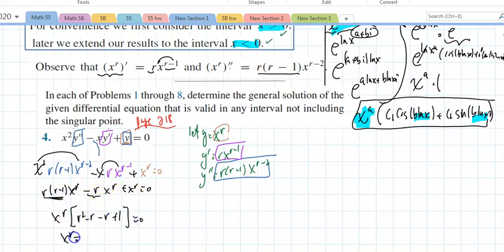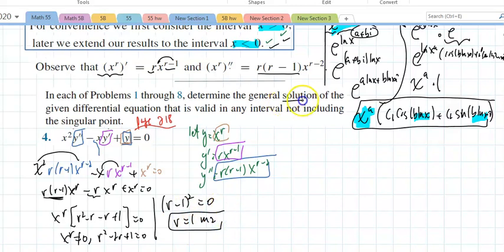Well, x to the r can never equal 0 because of our assumption. x is either positive or negative. Which means it must be that r squared minus 2r plus 1 must equal 0, or r minus 1 squared must equal 0. So r equals 1 with multiplicity 2.